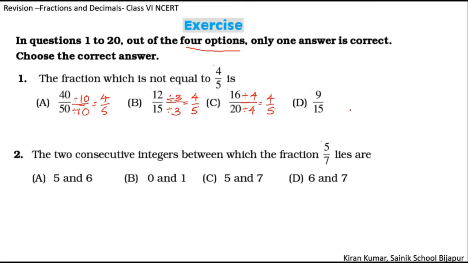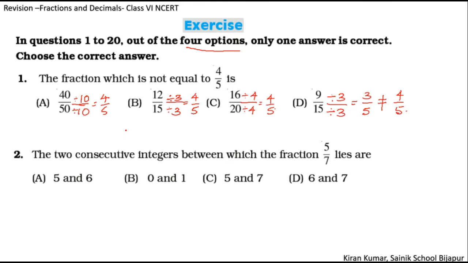Now in this option, if both numerator and denominator are divided by a specific number, I get 3 by 5, which is not equal to 4 by 5. What I am doing is taking the equivalent fractions.